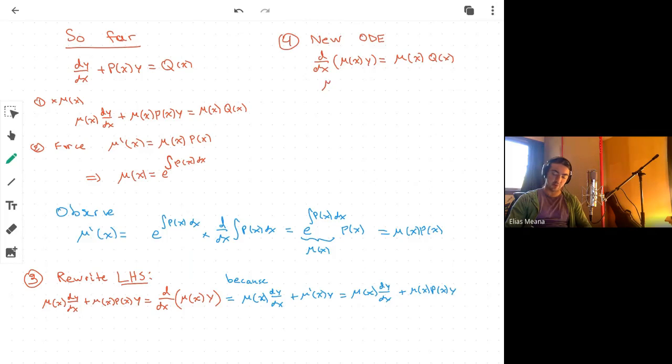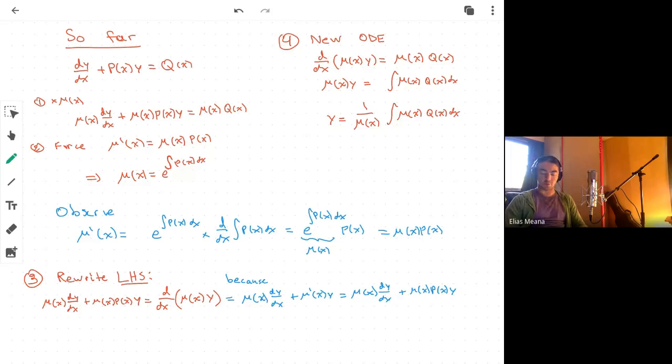So mu of x times y equals the integral of mu of x q of x. Finally, we can isolate y: y equals 1 over mu of x times the integral of mu of x q of x, where mu of x equals e to the power of the integral of p of x.